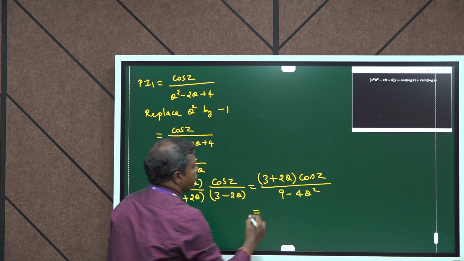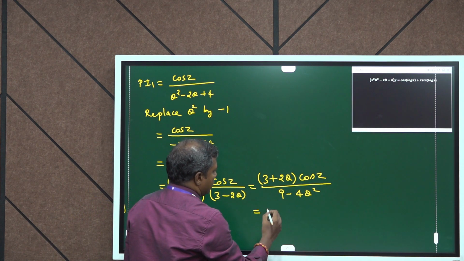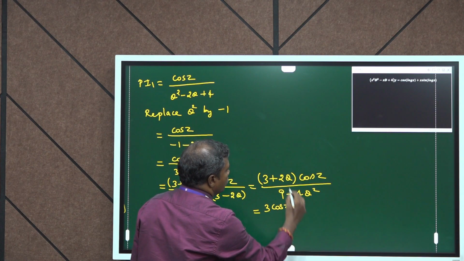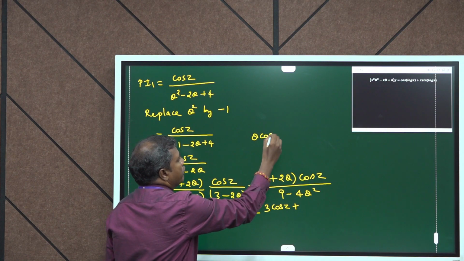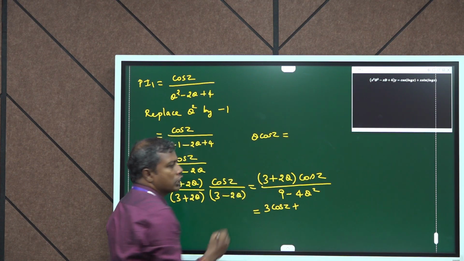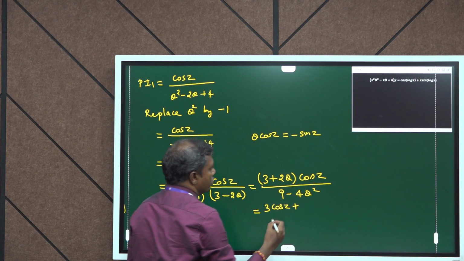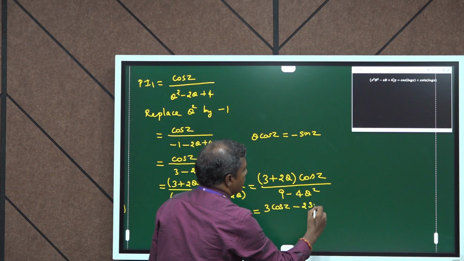Once again you have to replace theta square by minus 1, and you will get 3 into cos z plus 2 into theta into cos z. Theta into cos z means we differentiate cos z with respect to z, so we get minus sin z. So what do we get? Here minus 2 into sin z.